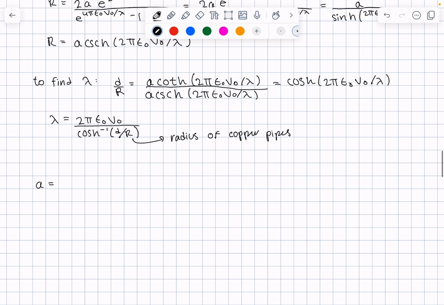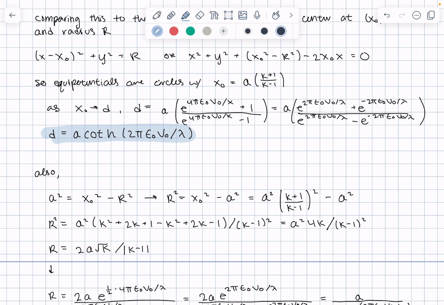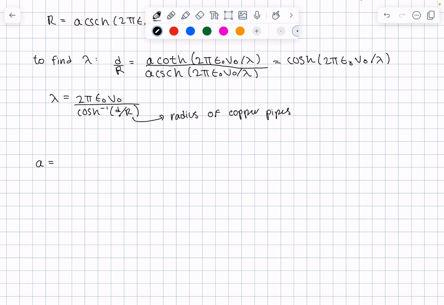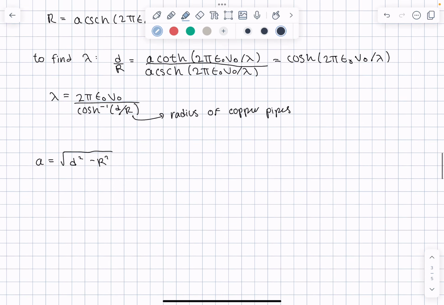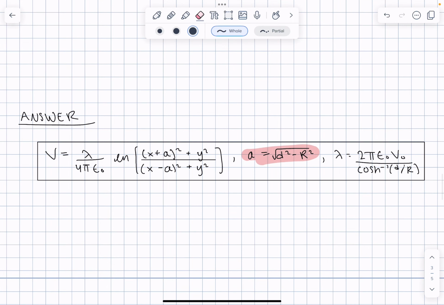All right, and then going back up to here, we were saying that a squared was equal to x naught squared minus r squared, but for our problem we want x naught to go to d, so we can say that a is equal to the square root of d squared minus r squared. And that allows us to find our final answer. So yeah, here we are, and this a was again just the same from here. So yeah, thank you.